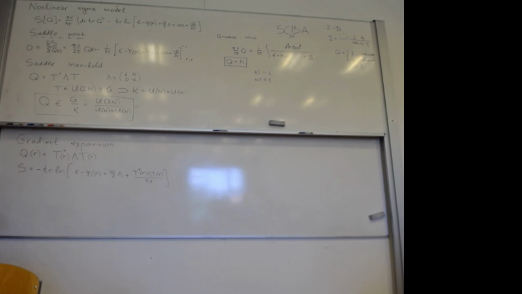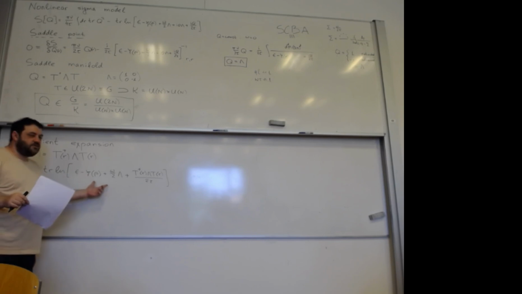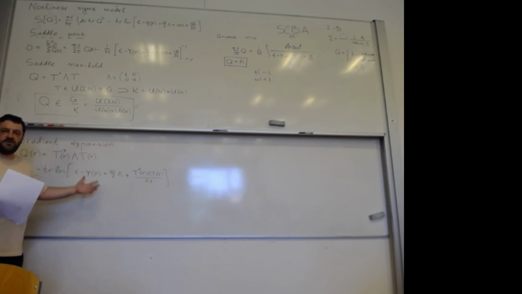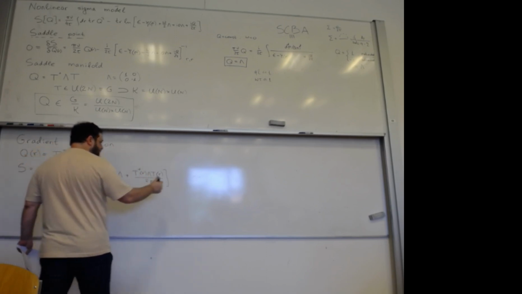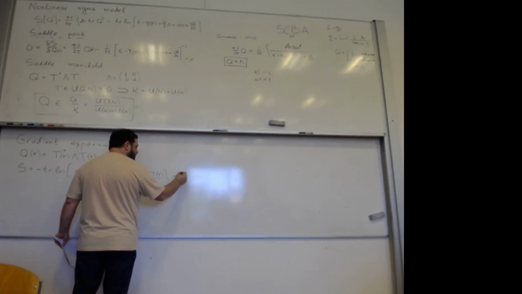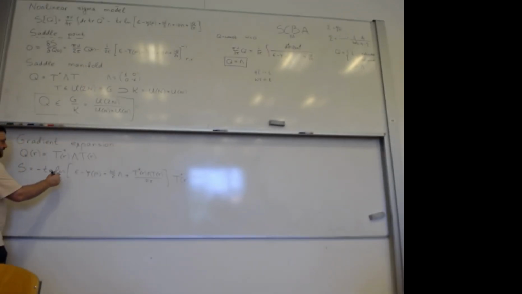Q is small, which means they do not commute, but the commutator is actually small. It's not zero, but it is small. And I will use this fact to expand the logarithm in powers of this commutator. So what I do, I actually multiply this whole matrix in brackets by T dagger from the left and by the matrix T from the right.